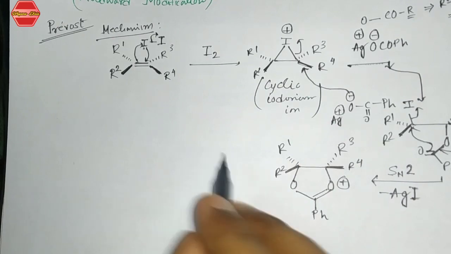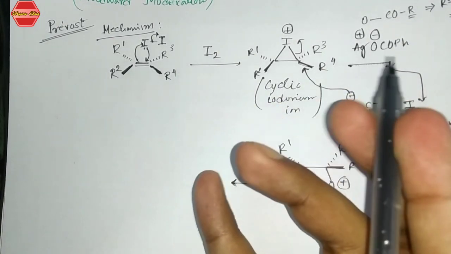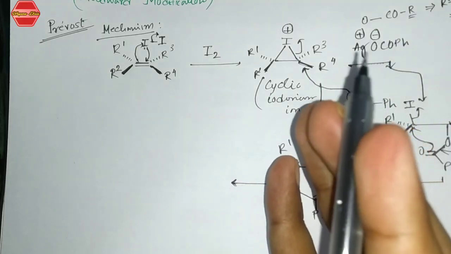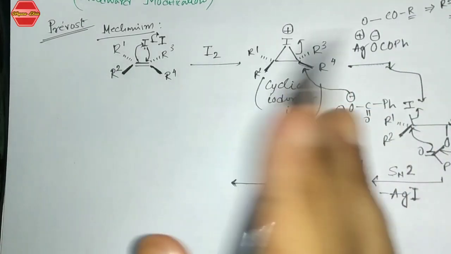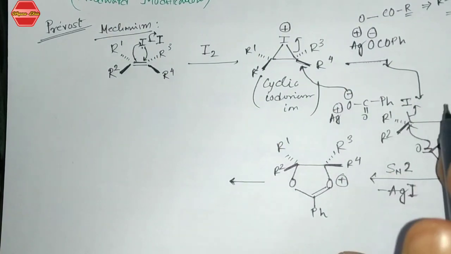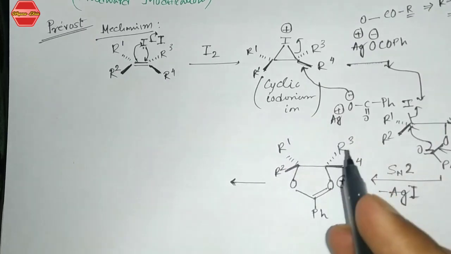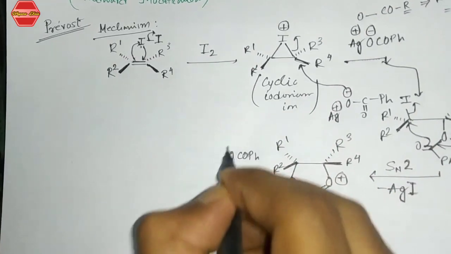Now see, for the Prevost reaction, as we know, we are taking into consideration that iodine to AgOPh is in 1:2 ratio. Okay, so 1 mole has already reacted and 1 mole is also left from the reaction, and this will generally act this way.